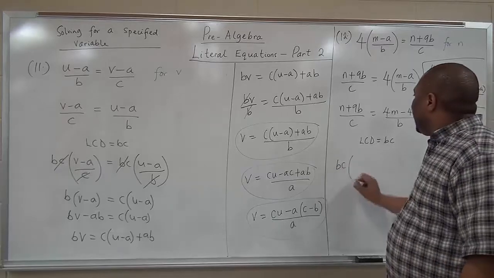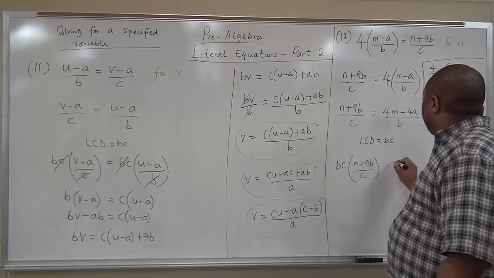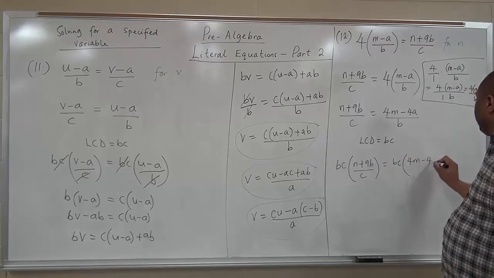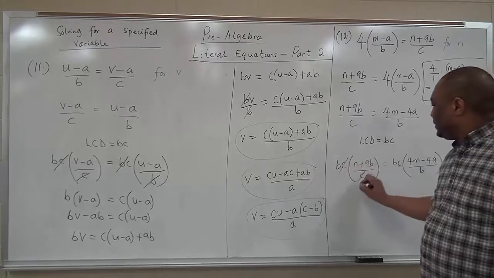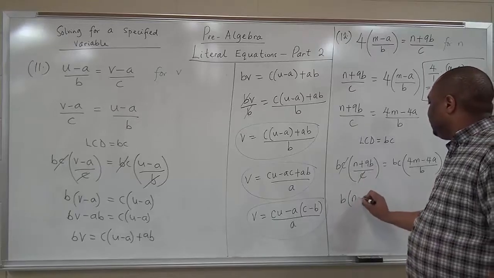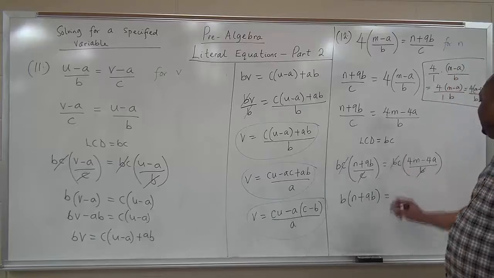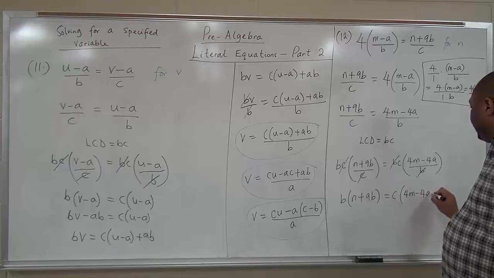So BC times (n plus 9b over c) equal to BC times (4m minus 4a over b). C divides c. Okay, we have b times (n plus 9b) equal to, b divides b, we now have c times (4m minus 4a).